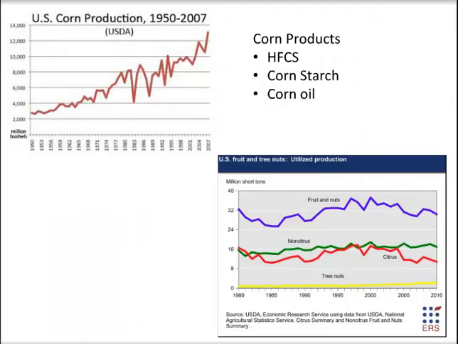And for better or for worse, corn production has nearly doubled since 1980. So if we look here, we see that it's kind of gotten close to doubling, whereas products like fruits and nuts and citrus have essentially stayed on a pretty much level course. They haven't changed much over that same time frame.